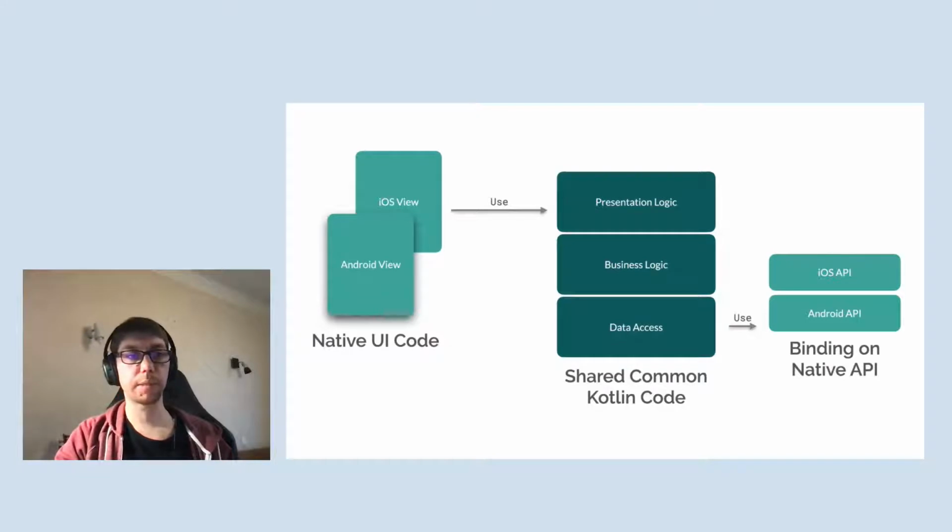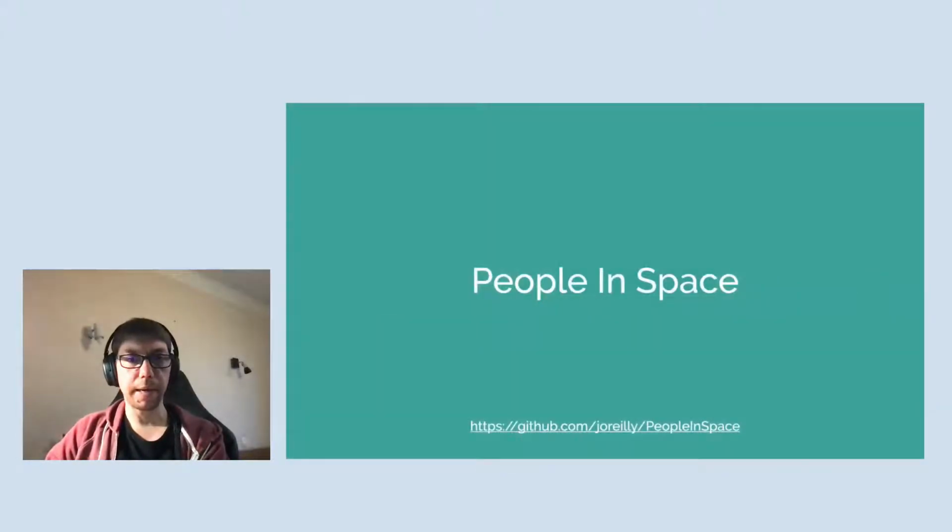That is super interesting because finally you keep your native stack, your native UI code, and then you begin to work really with a common shared library. I like to play with one of the well-known KMM sample applications, People in Space, that is made by John O'Reilly.